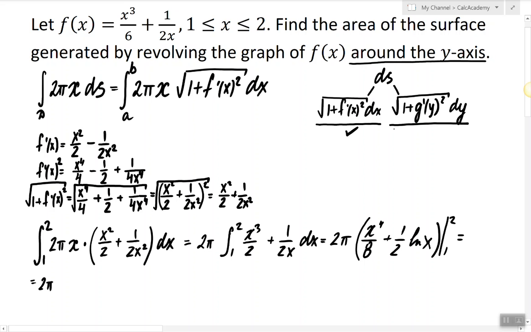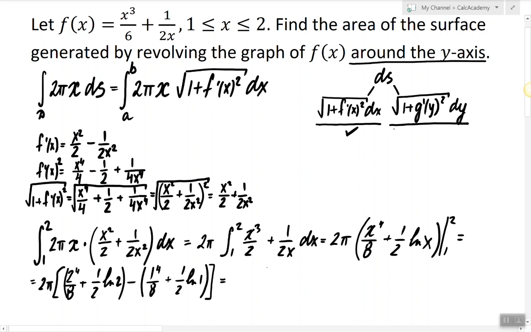Plugging in 2 will give us 2 to the 4 over 8 plus 1/2 ln 2, and plugging in 1 will give us 1 to the 4 over 8 plus 1/2 ln 1, which is 0.